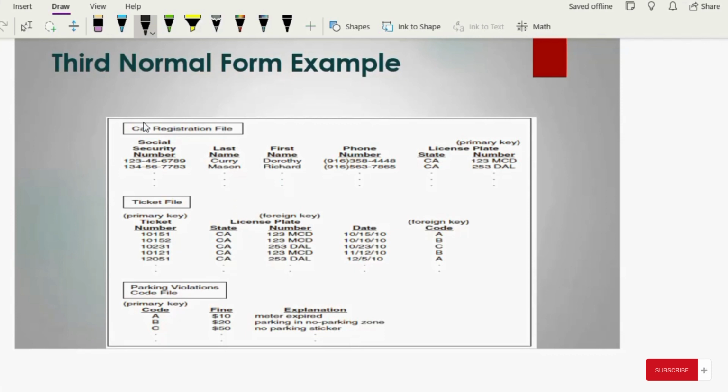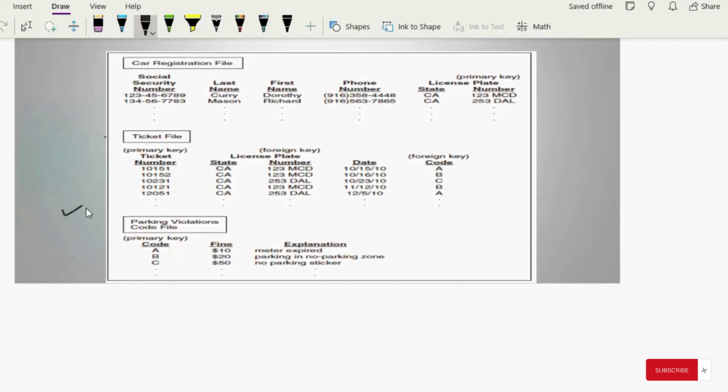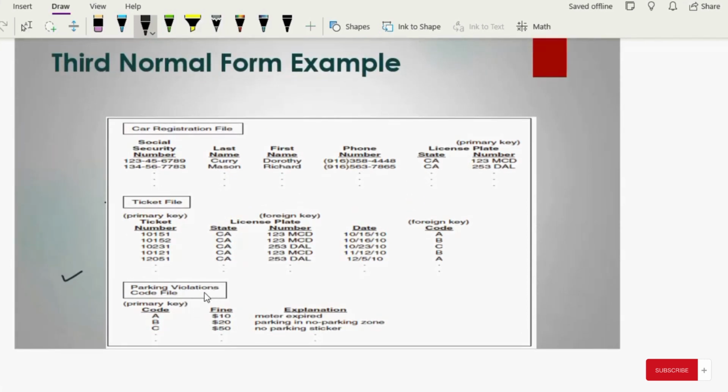So we will have another table now that will have the parking violation code file. We have only 3 codes in this example. A means meter expired, so a $10 fine. B means parking in a non-parking zone, $20 fine. C means no parking sticker, so a $50 fine.